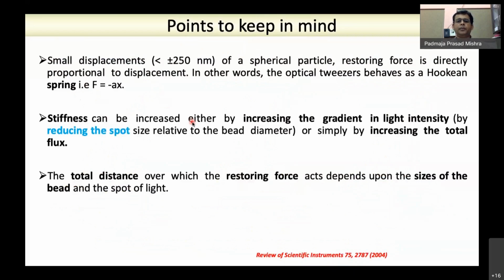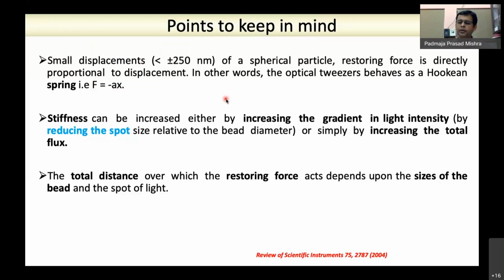There are some points we should keep in mind while designing the optical tweezer. For small displacements, about 250 nanometers, of a spherical particle, the restoring force is directly proportional to the displacement. In that case, the optical tweezer works as a spring, where you can find the force as spring constant times X. The stiffness can be increased either by increasing the gradient in the light intensity, or by reducing the spot size, or by increasing the total flux.